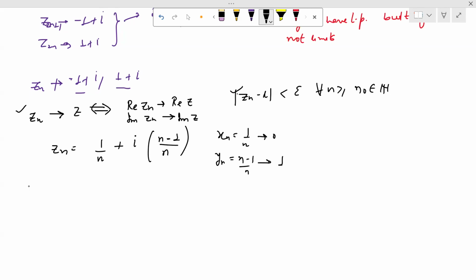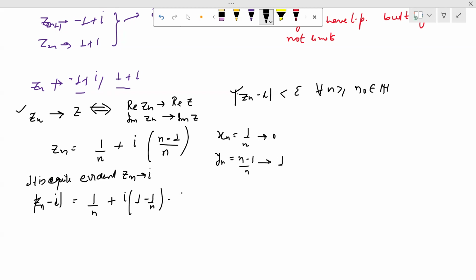So it is quite evident that Zn would converge towards iota. Let us see if it is the case. If Zn converges towards iota, it implies what? Modulus of Zn minus iota. Let us estimate this. Zn minus iota would be 1 upon n plus iota times (1 minus 1 upon n) minus iota, modulus.